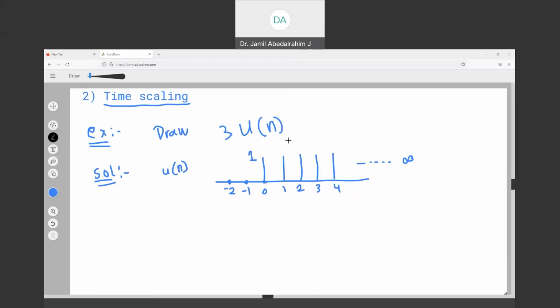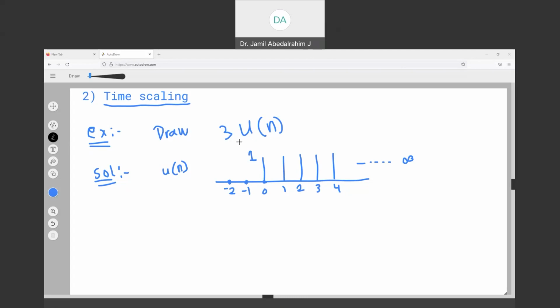The second type of transformation is time scaling. Here it means we multiply the signal by some factor or some number. Let's see this example. The given example: we need to draw 3 u of n.